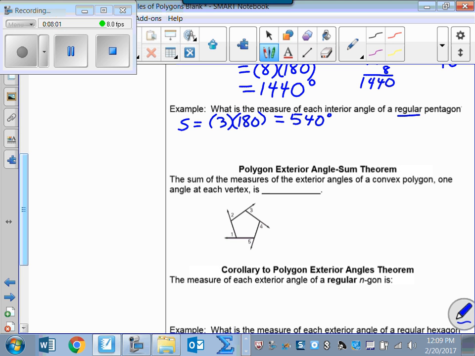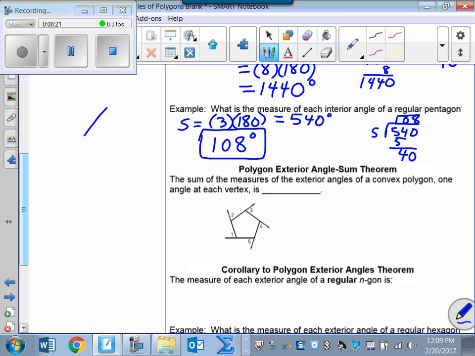So what are we going to do? We're going to divide that by n, which is 5. So 5 into 540 is going to give us 108. So 108 degrees is the measure of each interior angle of a regular pentagon.